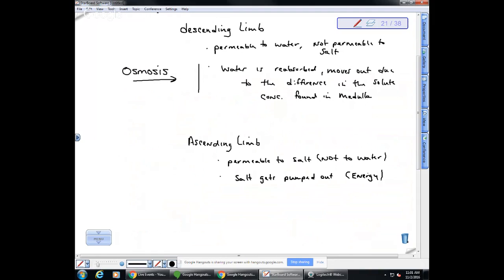But this is important because this regulates solute concentrations in the medulla. That pumping of the salt back out helps to maintain the difference in the solute concentration, high up versus low down. Okay.